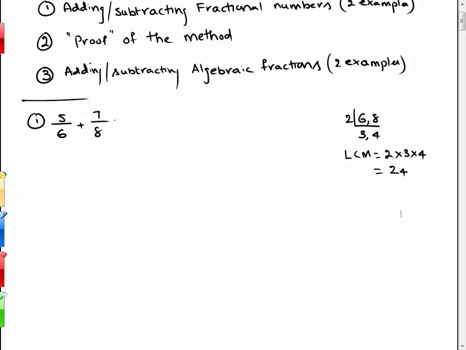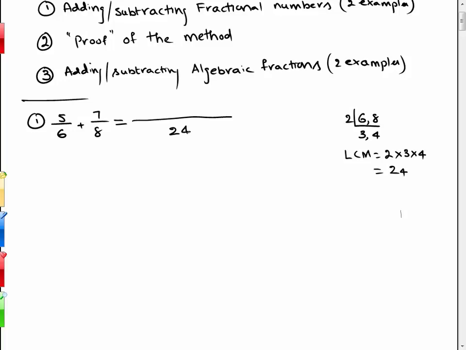Now, the next important thing to do is put an equal sign and put a big bar. I think this is where what I try to teach is something slightly different from how you probably learned how to add fractions. Put a big bar and write down this common denominator, the LCM, under the bar.